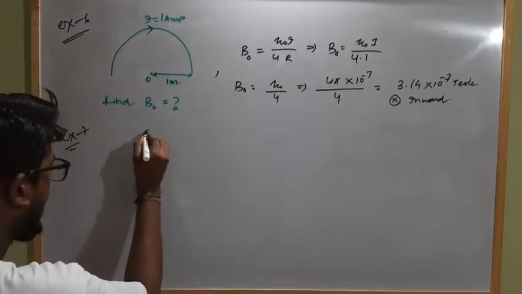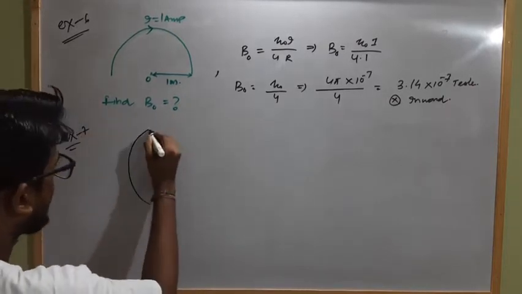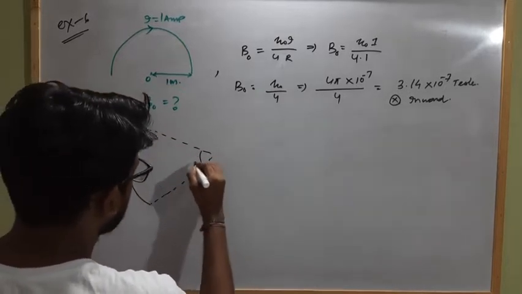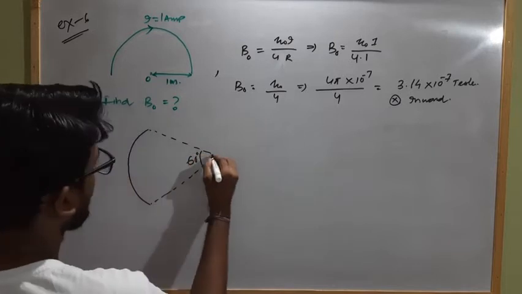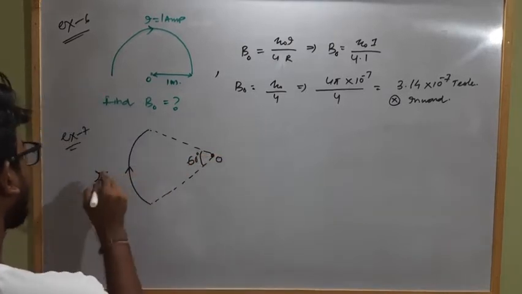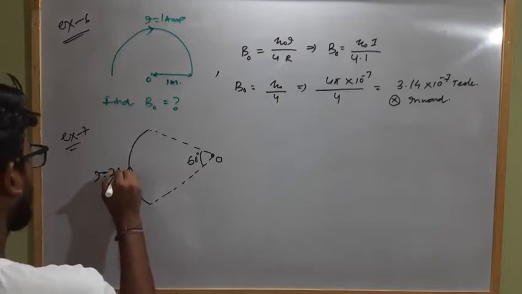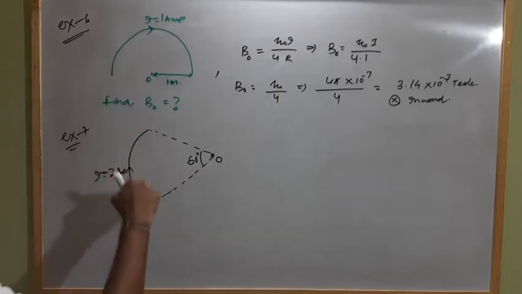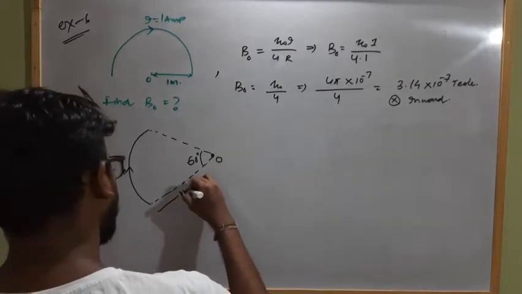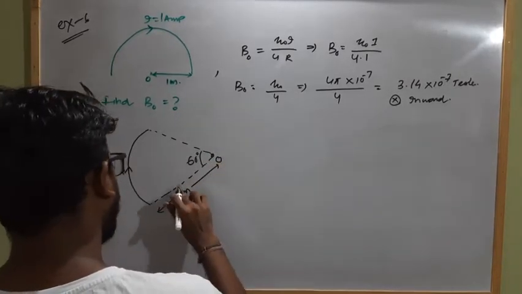Next, here is an arc which makes an angle 60 degree at the point O, and current I equal to 2 ampere is flowing through it in a clockwise sense, and the radius is 1 meter.